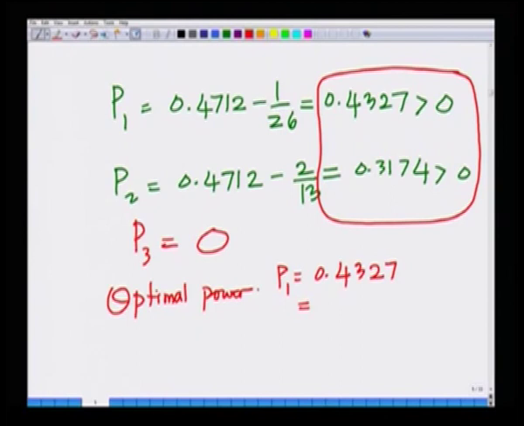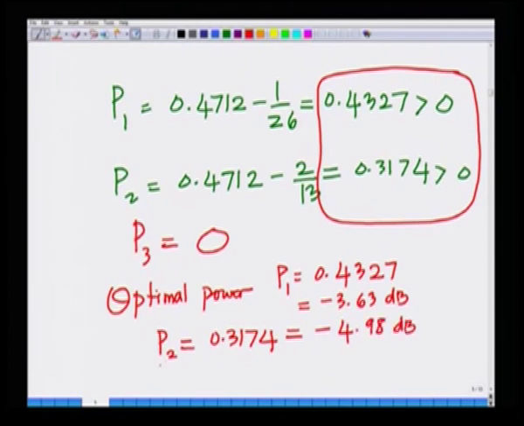So, I take 10 log 10 P1, which is minus 3.63 dB. P2 equals 0.3174, taking 10 log 10 of that, that is minus 4.98 dB, and P3 equals 0. These are the optimal allocated powers.